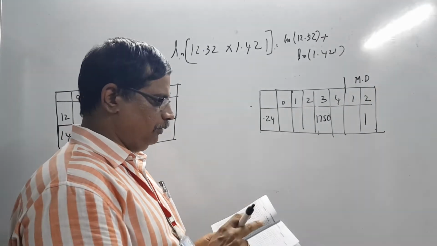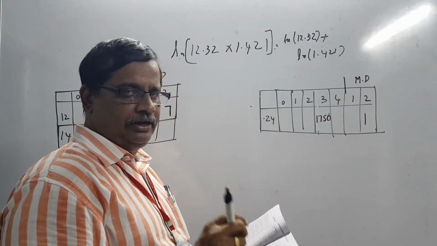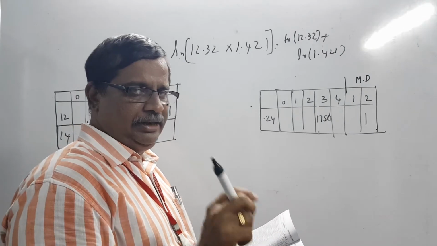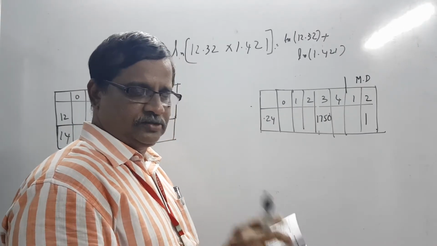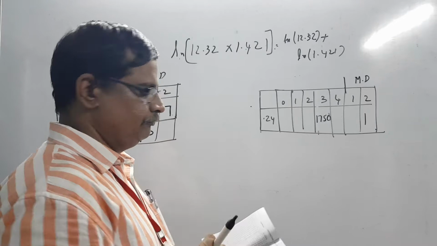So that is the first part. Now the second part: you will find another column in which mean difference is written. I will explain what is meant by mean difference.